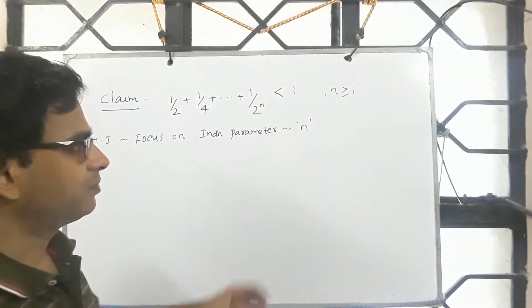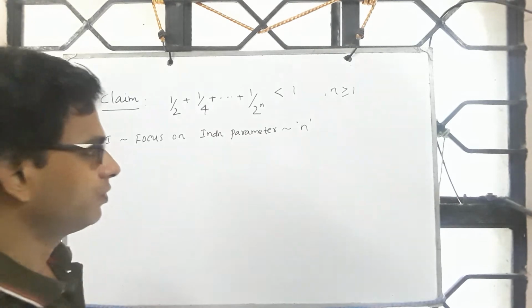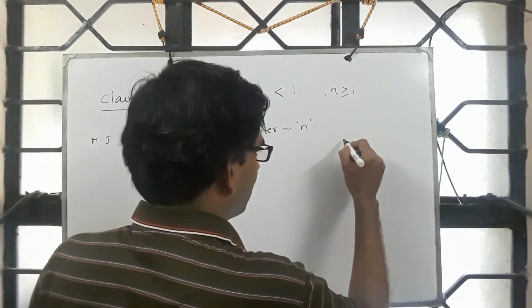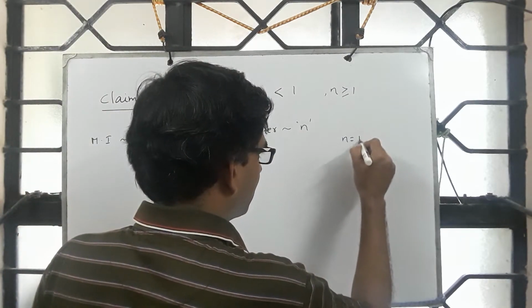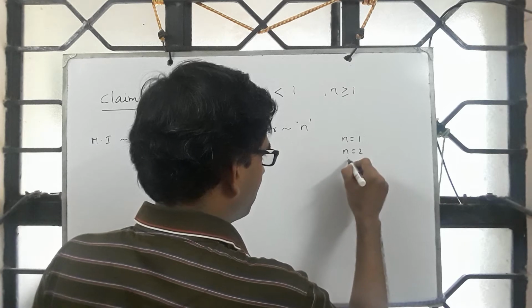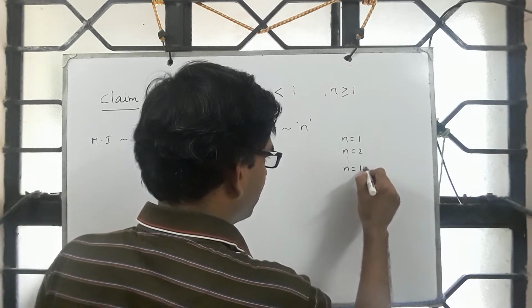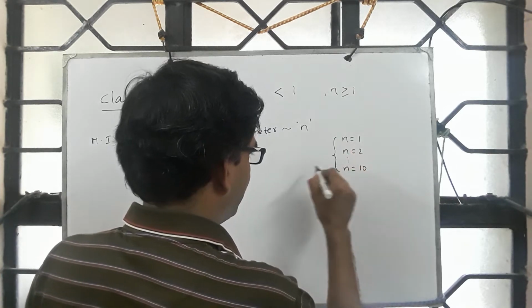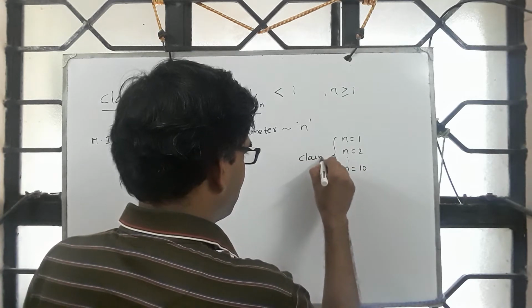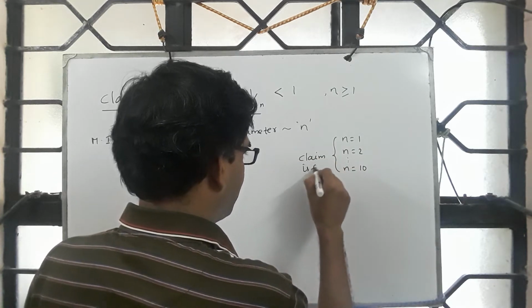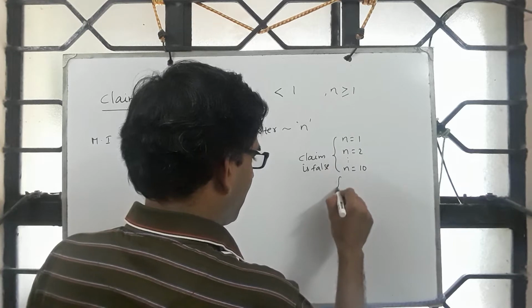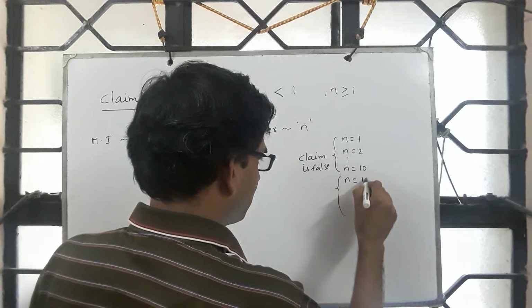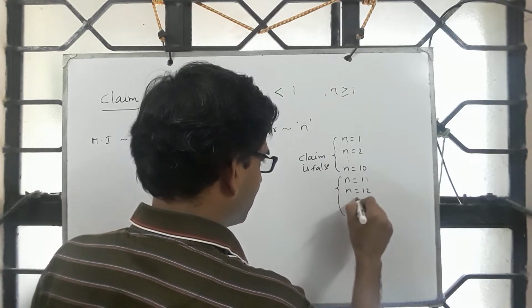For some problems, it may not be true. For example, there are problems for which the claim may not be true, maybe up to n equal to 10. Until this, the claim is false. And the claim starts from this.